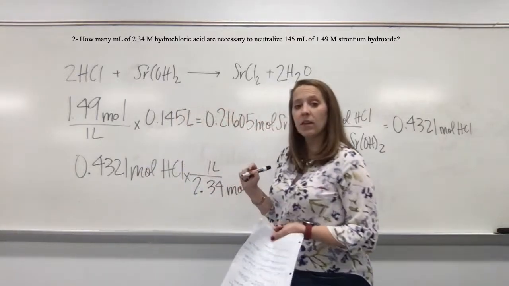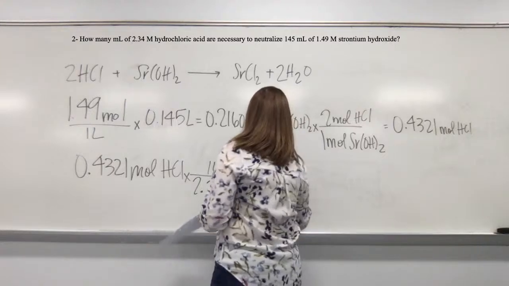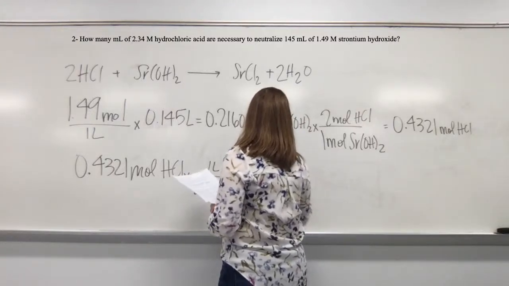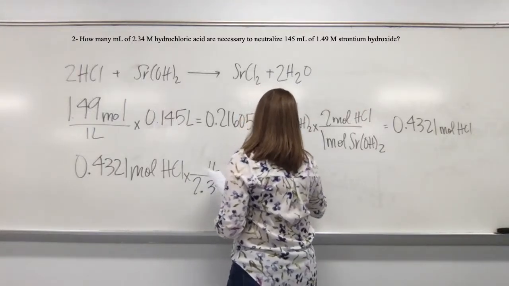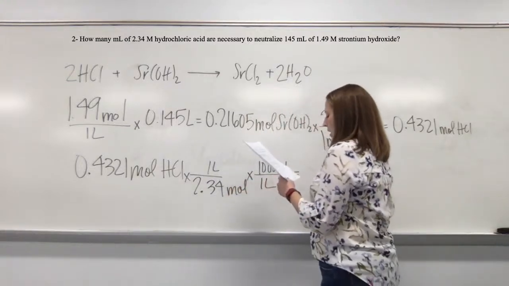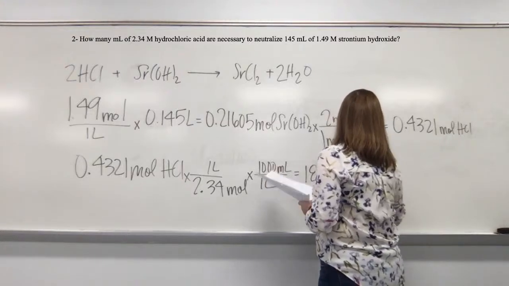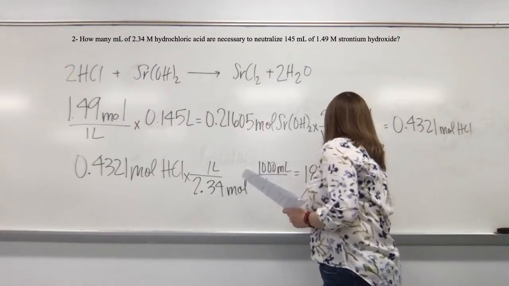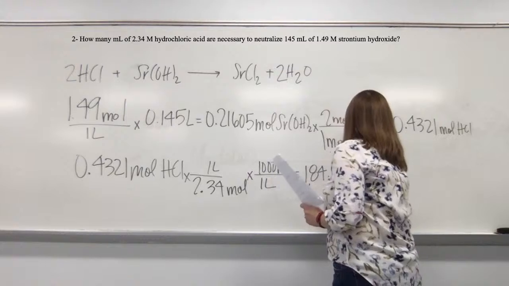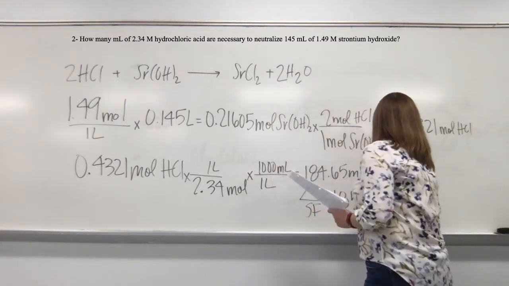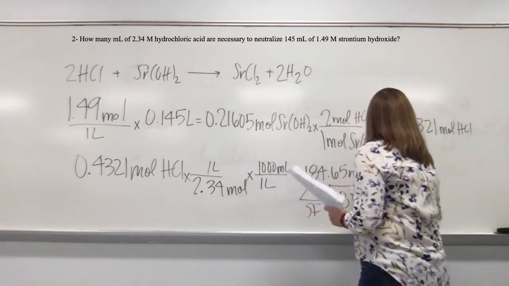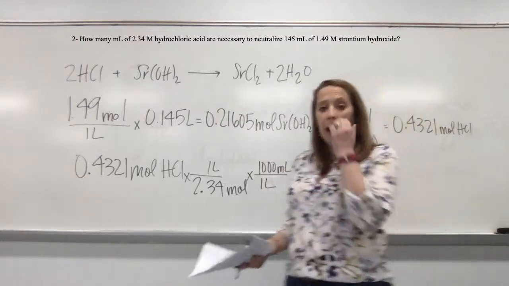It does ask for this in milliliters, so we're going to go ahead and drop that calculation in there. In 1 liter, there are 1,000 milliliters. And I get 184.65 milliliters, which using our 3 sig figs is 185 mils. So what questions do we have?